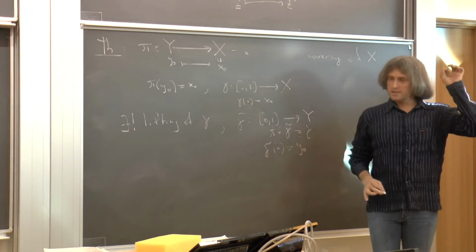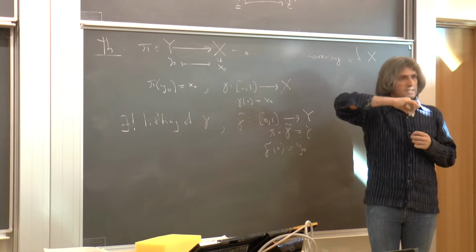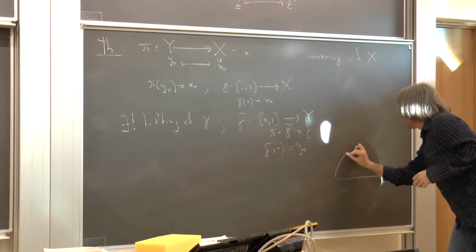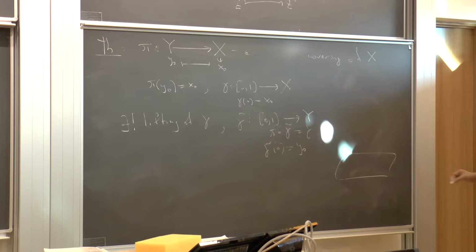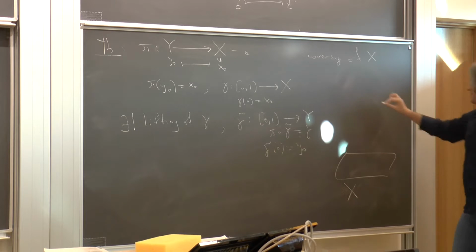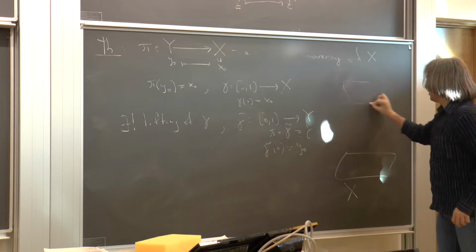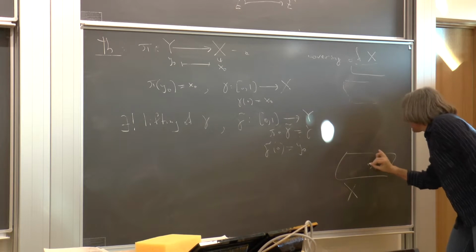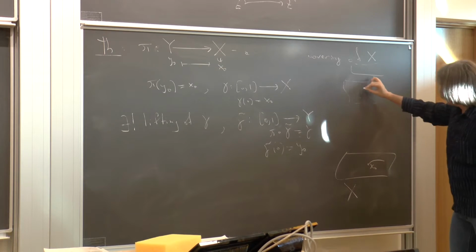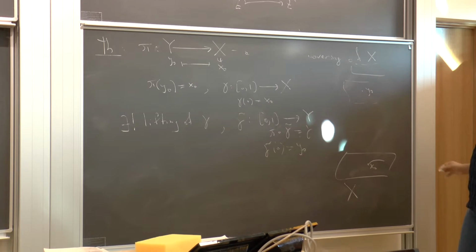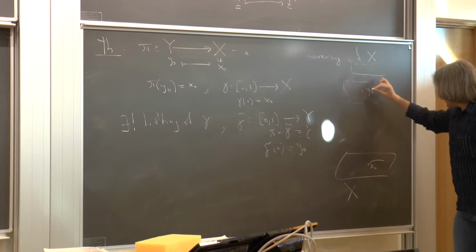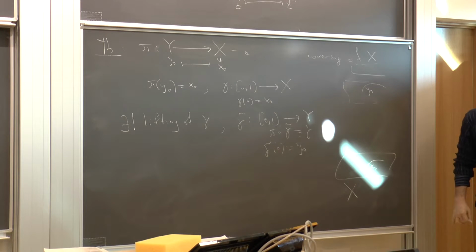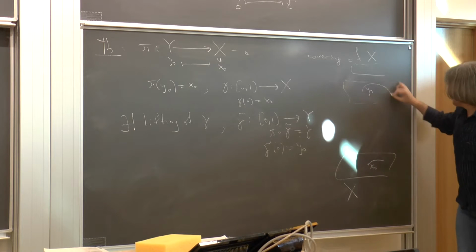So we just need to fix the beginning of the path, and the rest of the path just is lifted. So you should think about it like this. There's this x, there's this y above, which locally has many pieces. There's x naught and a starting path, and we fix its pre-image, y naught. Then, having fixed this, we can start lifting the path, and we'll lift it uniquely.